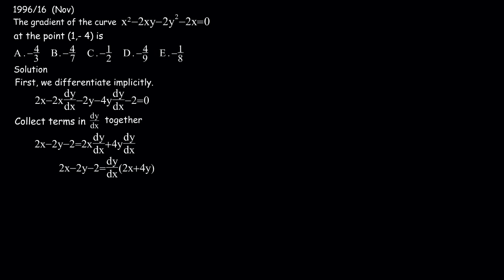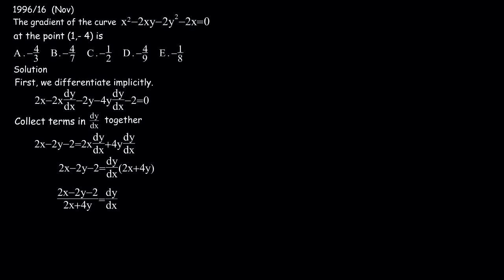Doing so, our equation becomes 2x minus 2y minus 2 equals dy over dx (2x plus 4y). Now to make dy over dx stand alone, we are going to be dividing both sides by 2x plus 4y. Dividing both sides by 2x plus 4y, (2x minus 2y minus 2) divided by (2x plus 4y) equals dy over dx.